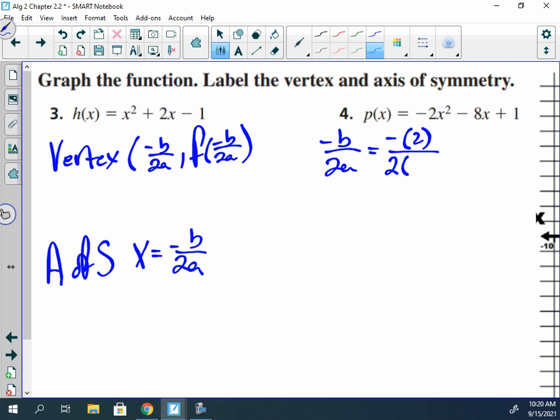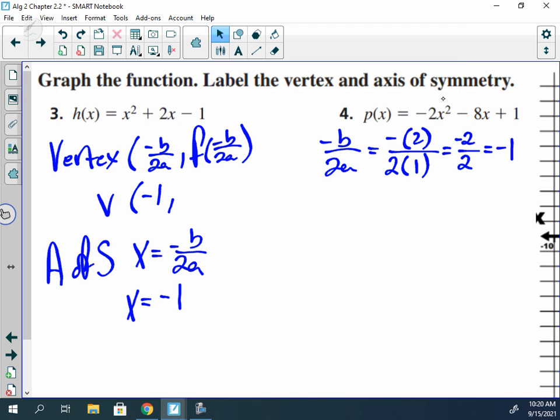Our value of a is 1. Well, we'd have negative 2 on top, and 2 times 1 is 2. So negative 2 divided by 2 is negative 1. So the vertex's x value is negative 1. The axis of symmetry, x is equal to negative 1.